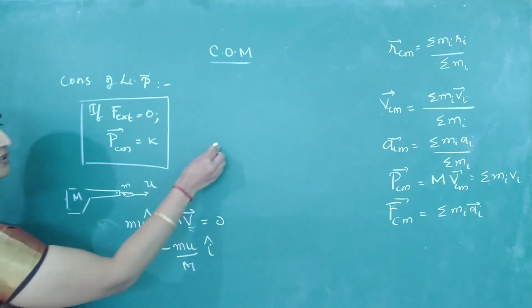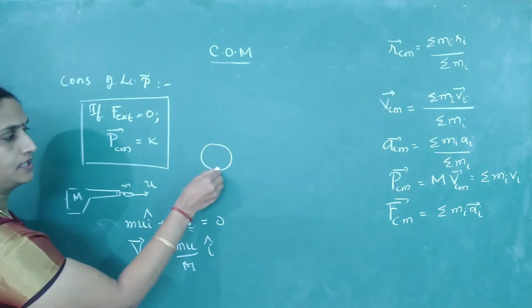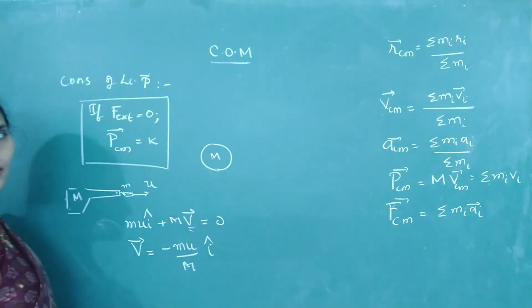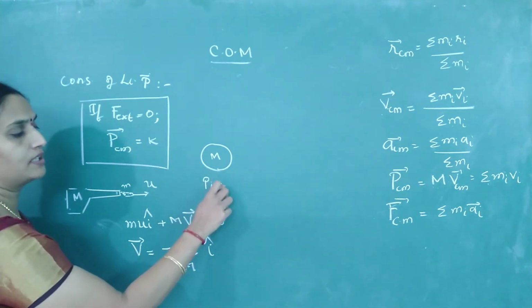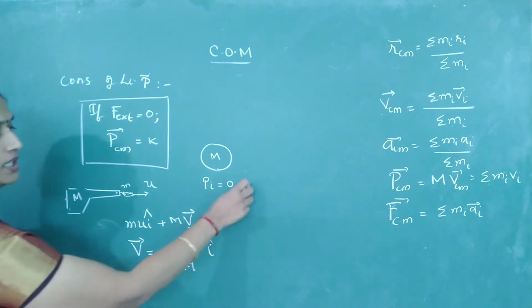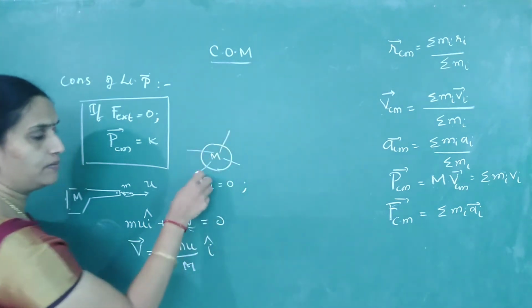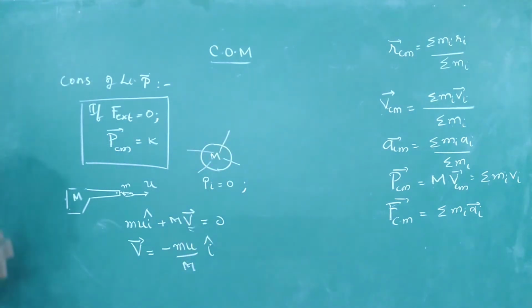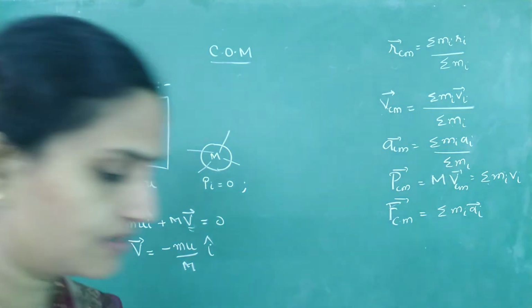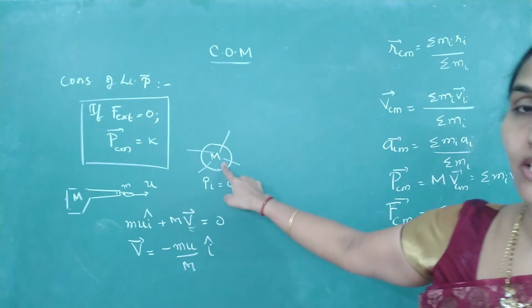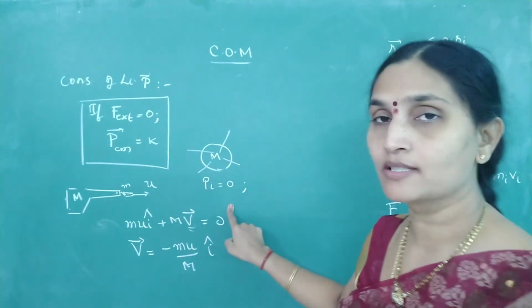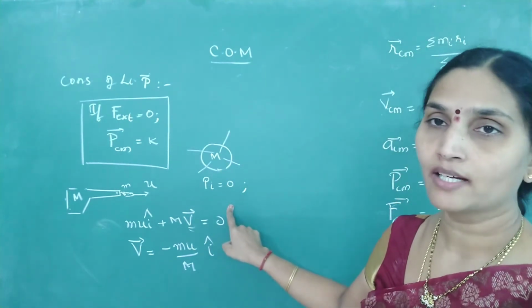One more example: explosion. Say a stationary bomb of mass m. Initially it is at rest. So what is its initial momentum equal to? 0. If it suddenly explodes into n particles, all the particles fly off in different directions, but velocity of center of mass is 0. Because initially it is at rest, initial velocity is 0, final velocity also should be 0.